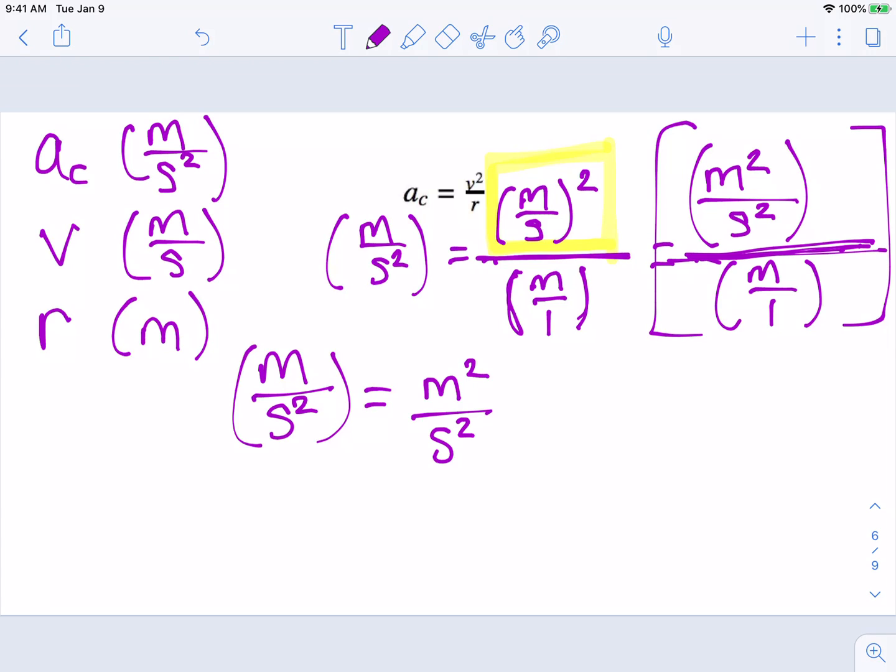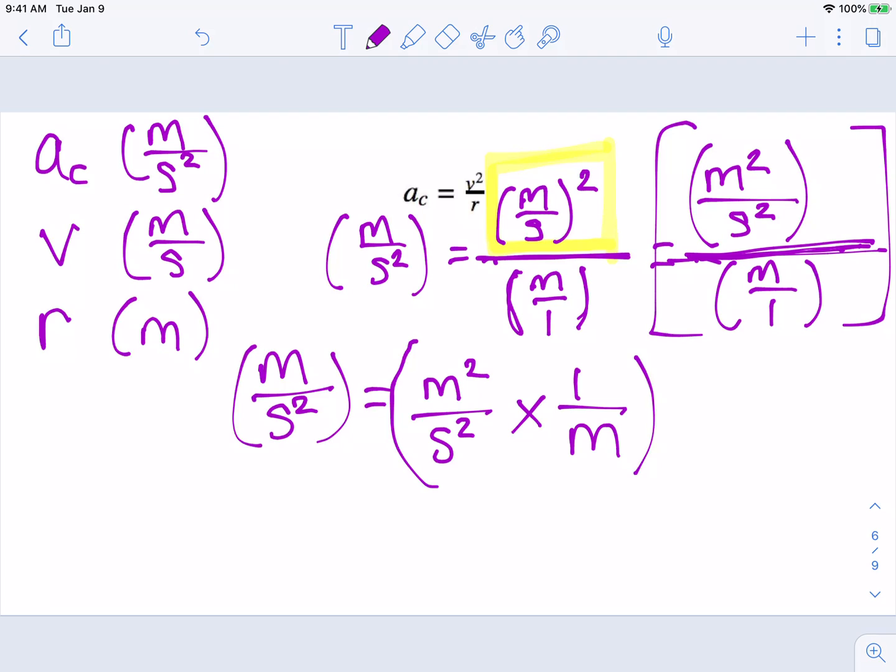Instead of doing divided by, I'm going to say multiplied by, and I'm going to take this meter, and instead of being meters over 1, I am going to flip that, take the reciprocal, and make it 1 over meters. Okay? That is a sound mathematical thing that we just did there. Instead of dividing the fractions, we multiplied and then flipped that over, did the inverse of that.